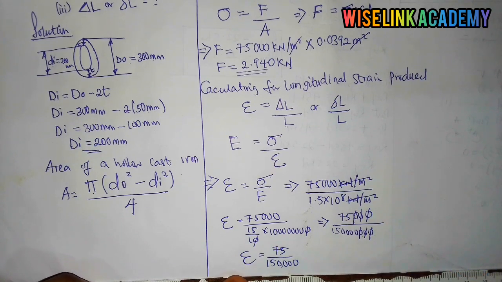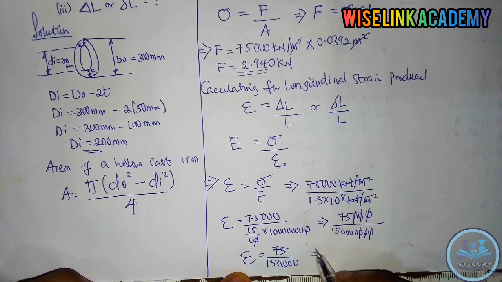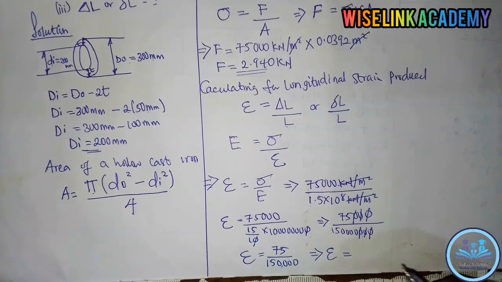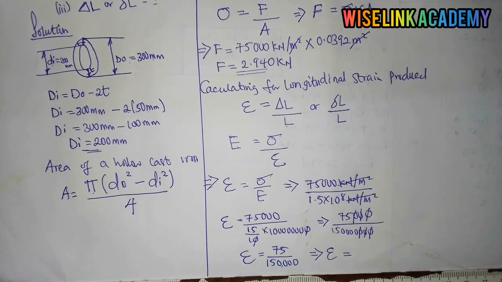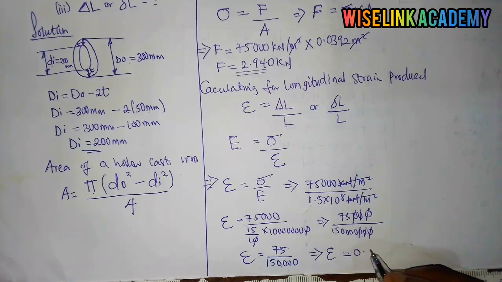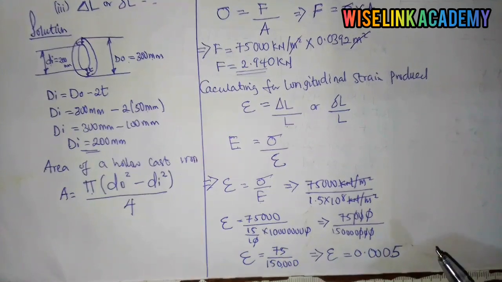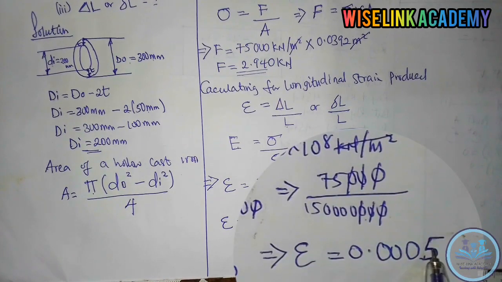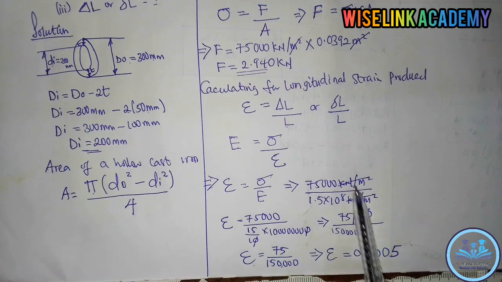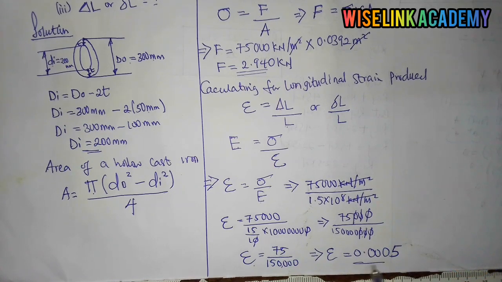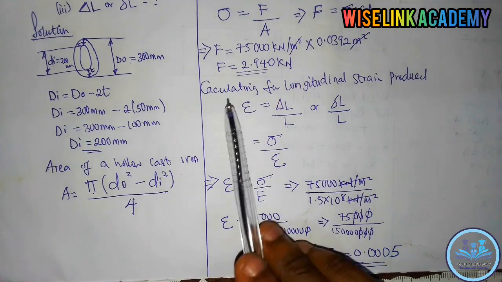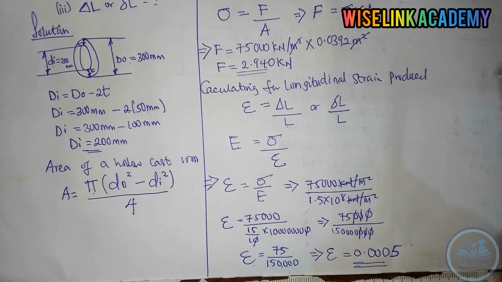So if I work on this, I'll be having 0.0005. Strain does not have units. That is why the units have cancelled out each other here, so it does not have a unit. Take note of that. So my calculation for longitudinal strain produced is 0.0005.